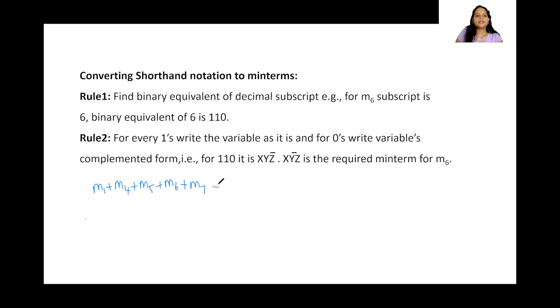How do we write this? First thing it is saying, first write the binary equivalent. What is the binary equivalent of M1? It is nothing but 0, 0, 1. Binary equivalent of 4 is 1, 0, 0. Binary equivalent of 6 is 1, 1, 0. Next, sorry, I missed 5. Binary equivalent of 5 is 1, 0, 1 plus binary equivalent of 7 is 1, 1, 1.